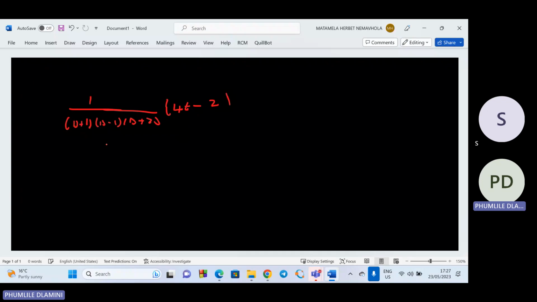So what will happen here: if I reduce this to 1 over D minus 1 times D plus 2, then the first one is going to be working as 1 over D plus 1 of 4t minus 2. When I reverse it back, that is the same as D plus 1.